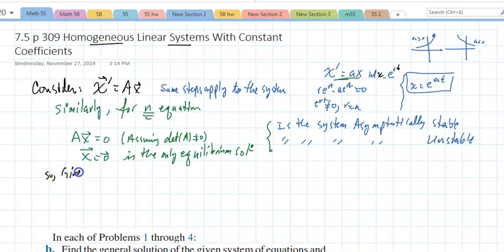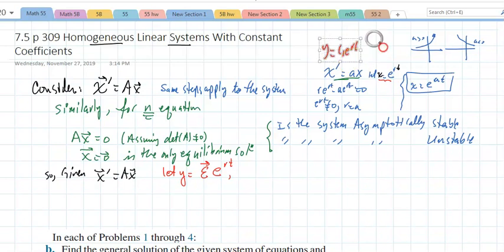If they give us x prime equal Ax, just like before we let y equal some multiple, here we let x equal some vector e to the rt, instead of c1 e to the rt back in the days. I apologize, I'm so stuck on y.